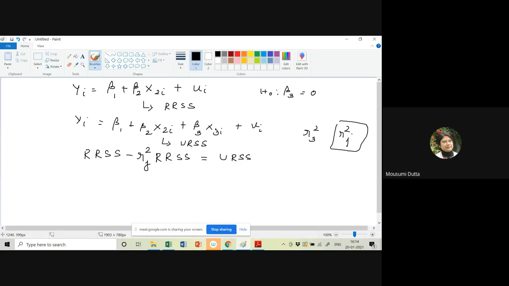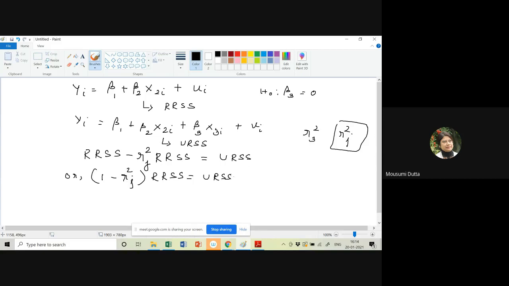Is it okay? Initially, in the first model, the restricted model, RSS is given by RRSS. Now I am incorporating one new explanatory variable.